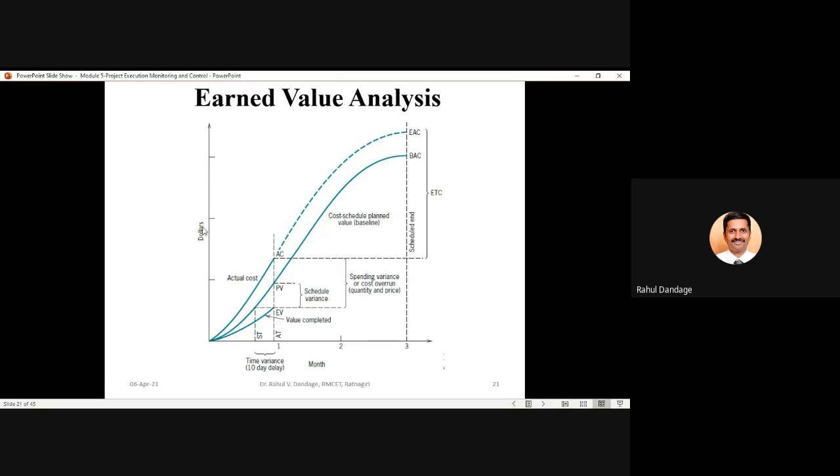Instead of going into details right away, let us first understand the meaning of all these terminologies, and then we'll come back to this diagram and try to understand the significance of those terminologies in this earned value analysis graph, as shown in the figure.